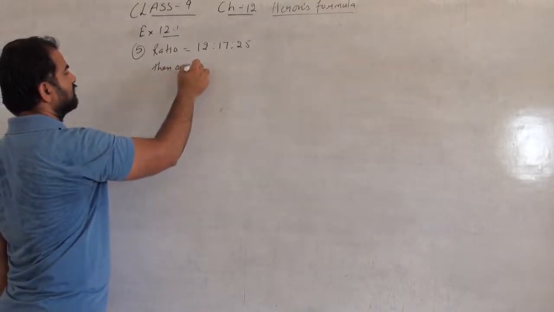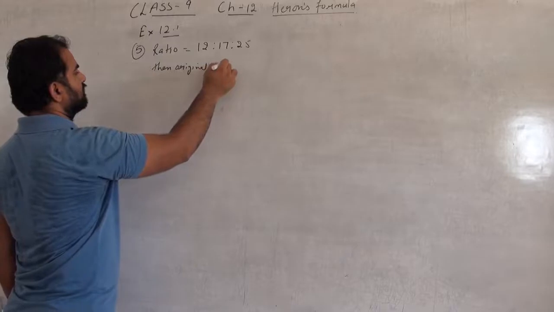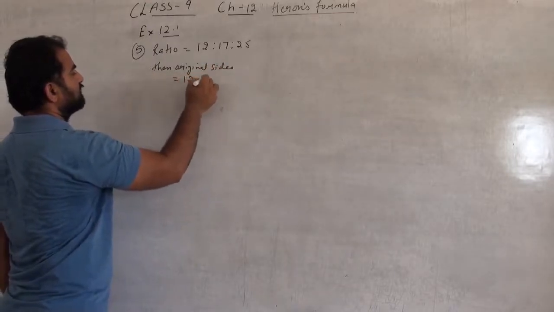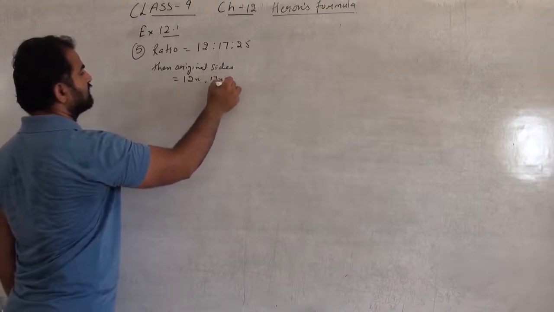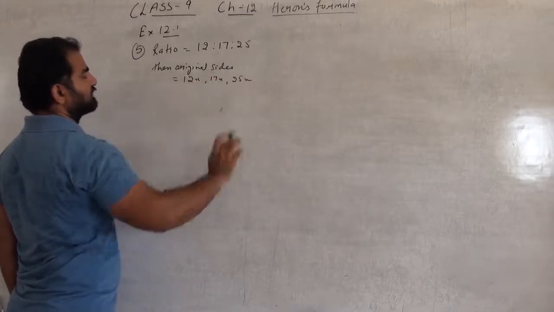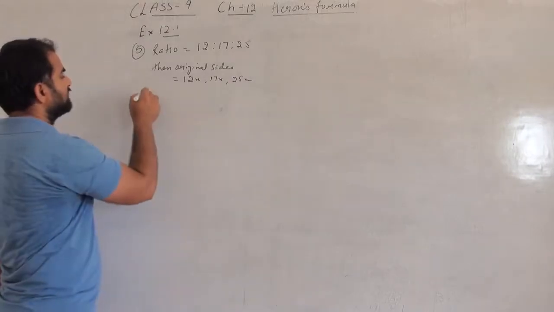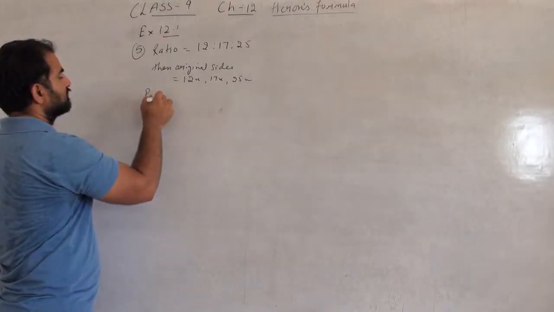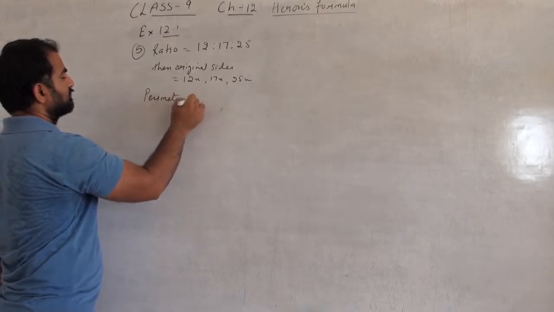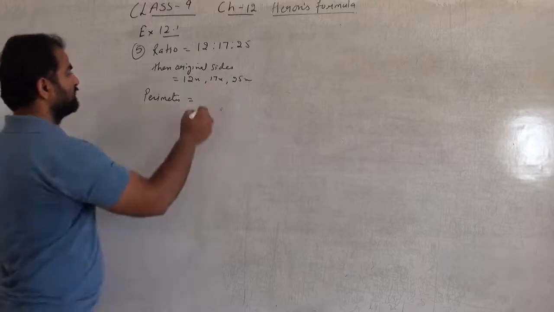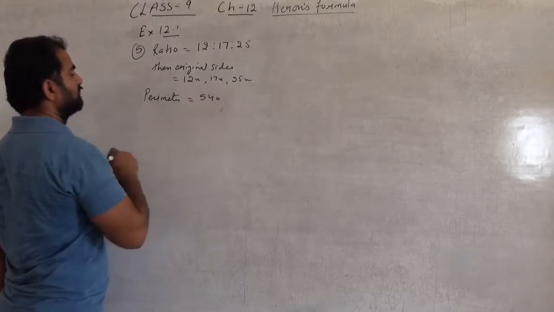Original sides equals to, it will be 12x, comma 17x, comma 25x. Okay. Next is the total perimeter is 540.